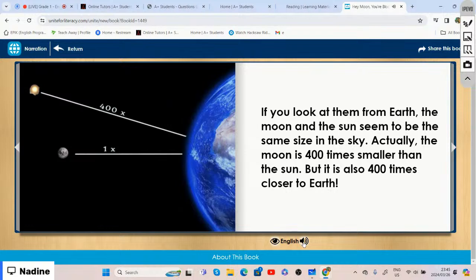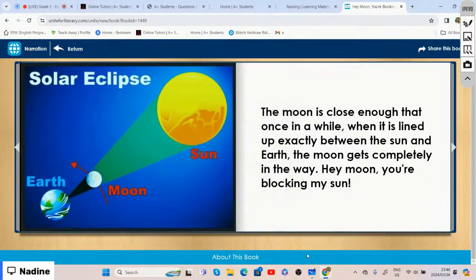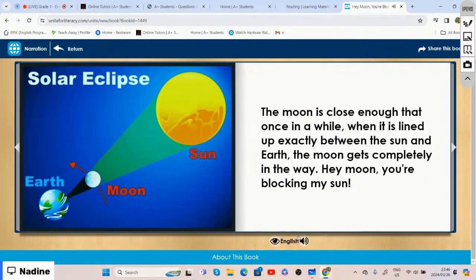If you look at them from Earth, the moon and the sun seem to be the same size in the sky. Actually, the moon is 400 times smaller than the sun, but it is also 400 times closer to Earth. The moon is close enough that once in a while, when it is lined up exactly between the sun and Earth, the moon gets completely in the way. Hey moon, you're blocking my sun.